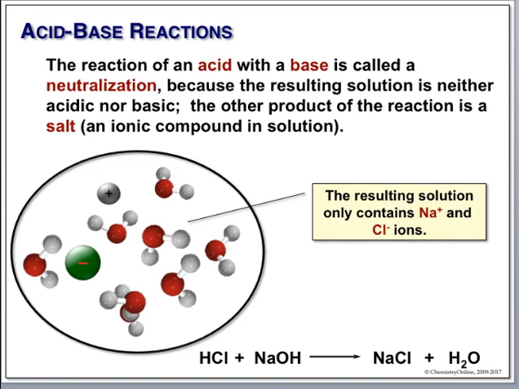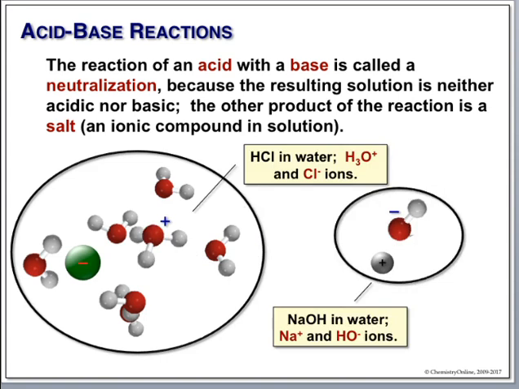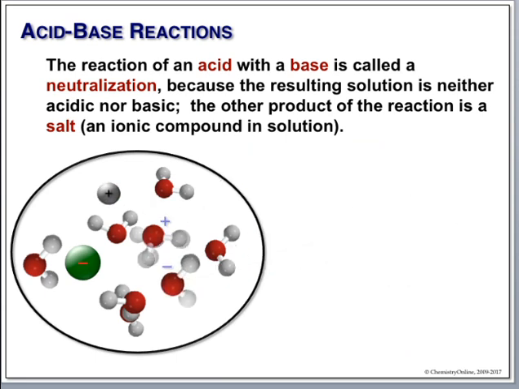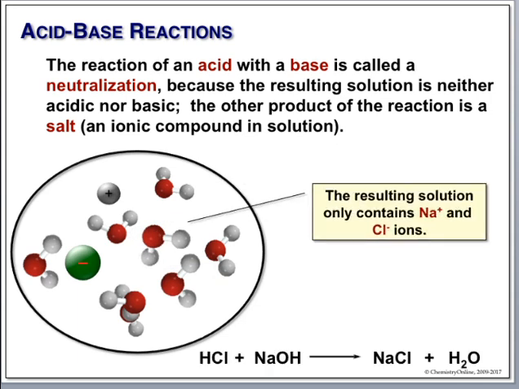All right, so we start off here, let's go back again, with a strong acid solution, a strong base solution, and we wound up with a salt, sodium chloride, and water. This is a neutral solution.